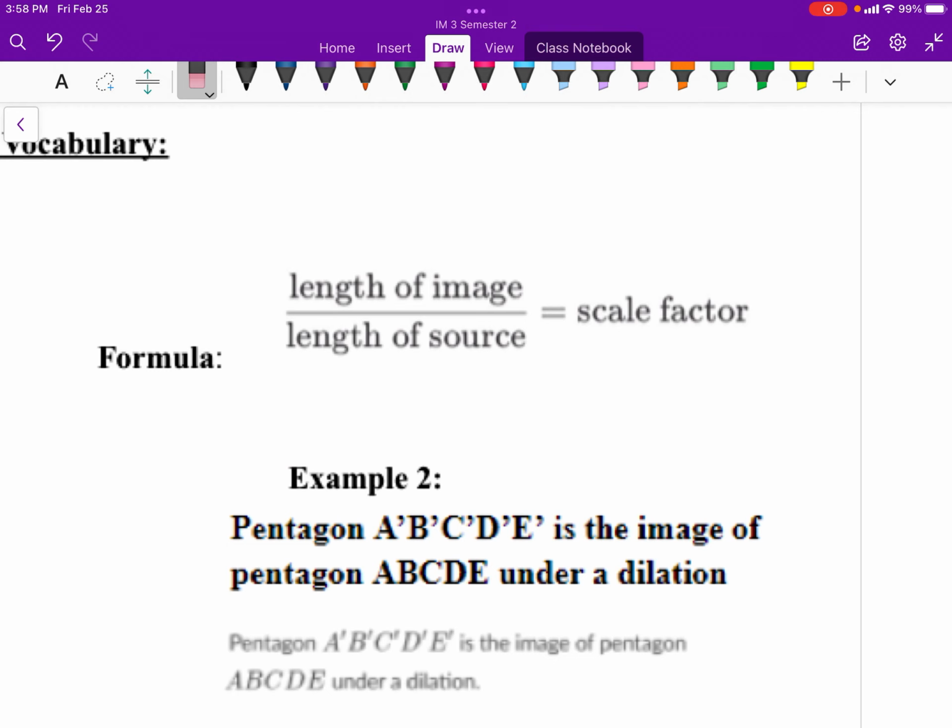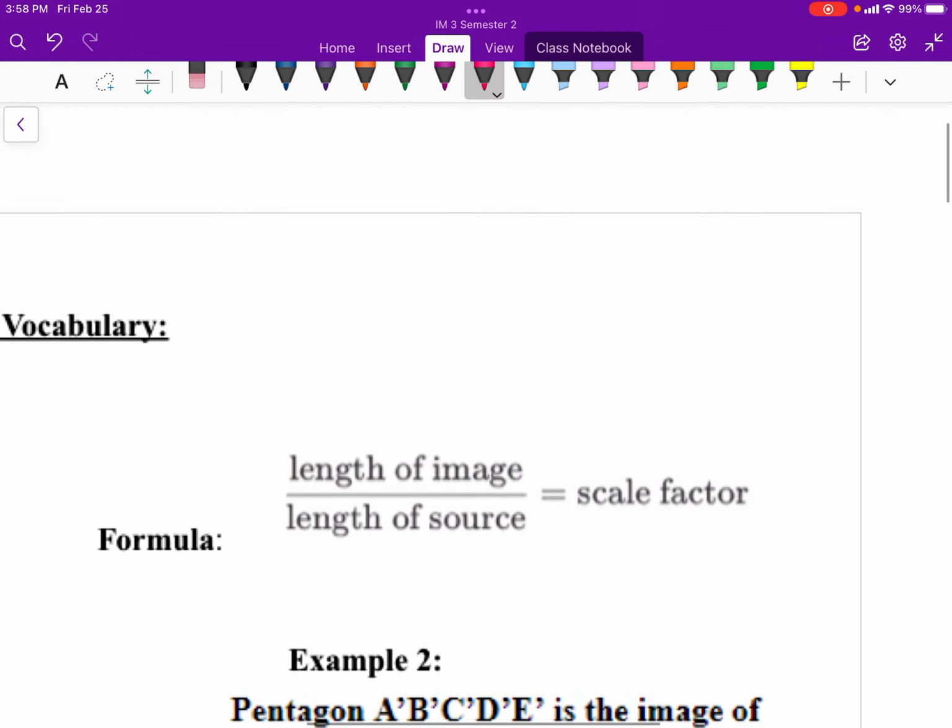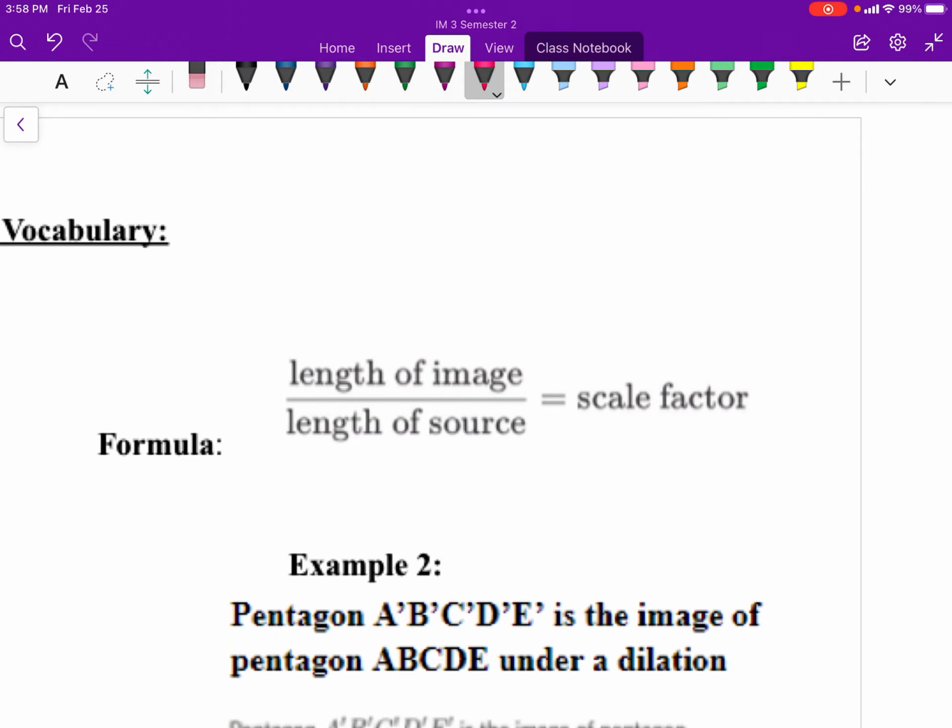Now in the formula, guys, it talks about the length of the image over the length of the source. What this is talking about is that the length of the image talks about the new shape, the new form, and the length of the source talks about the old form. So this is the original one that's given.